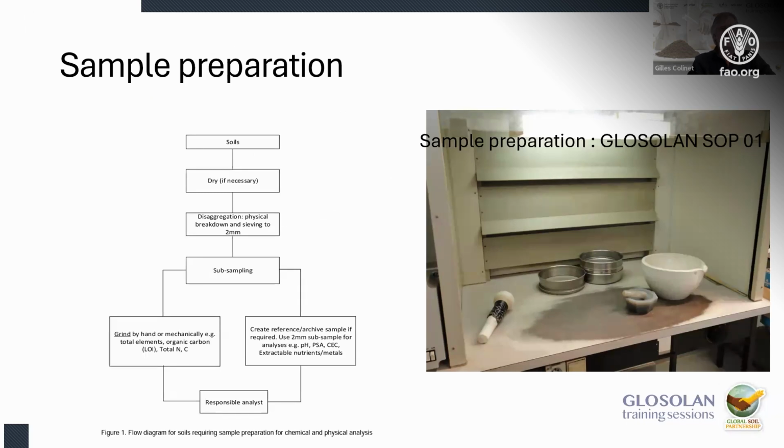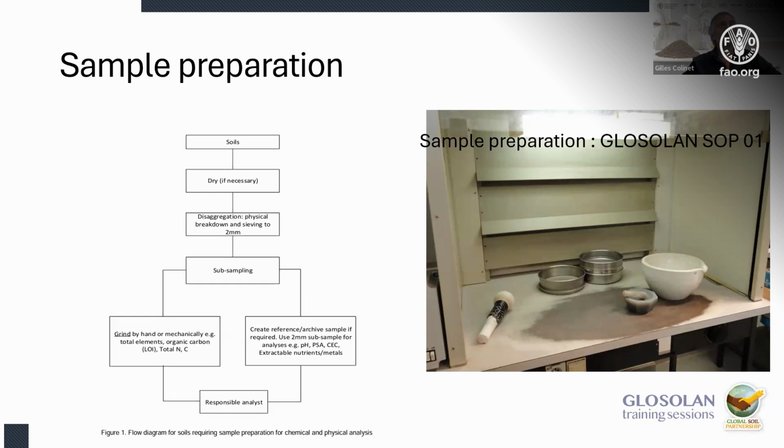If you look at the general scheme, you have the soil, and the first step is to dry it if necessary. And of course, there are parameters which can be done on dried soils and others that should not.